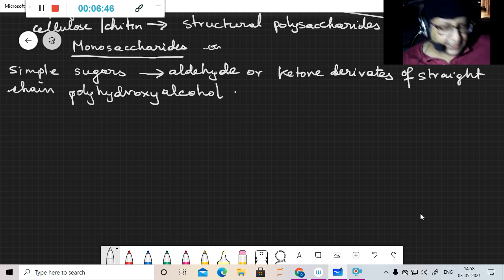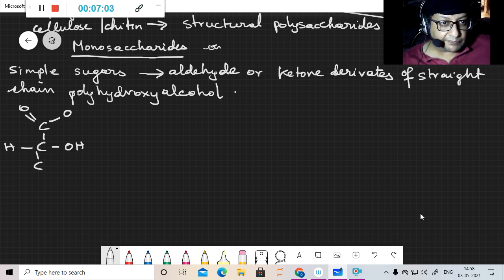So essentially, let me draw the structure of the most famous monosaccharide of them, glucose. You have an aldehyde group, six carbon, 1, 2, 3, 4, 5.